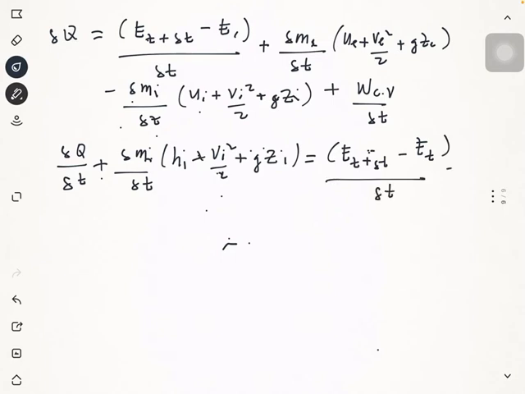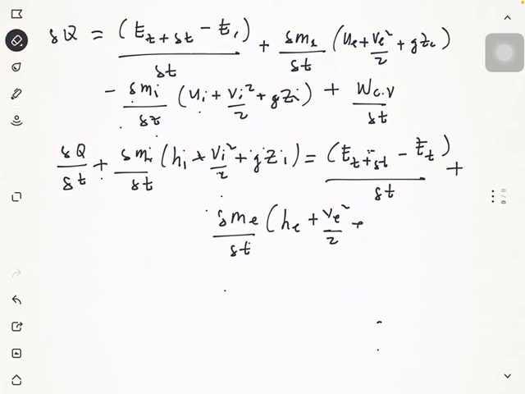plus m_e over the differential of t times the quantity h_e plus V_e squared over 2 plus g z_e, plus, of course, the work of our control volume.